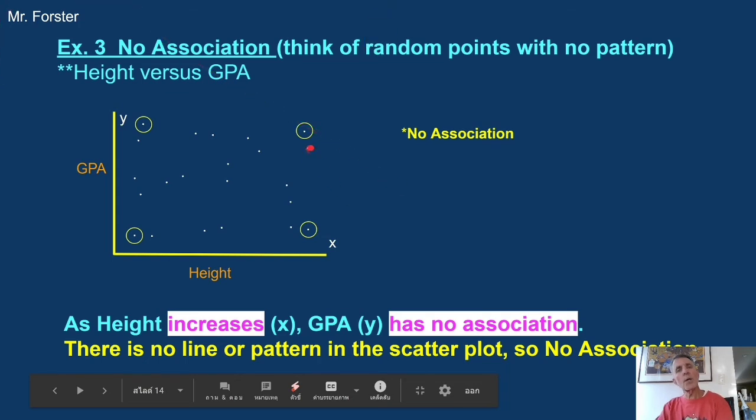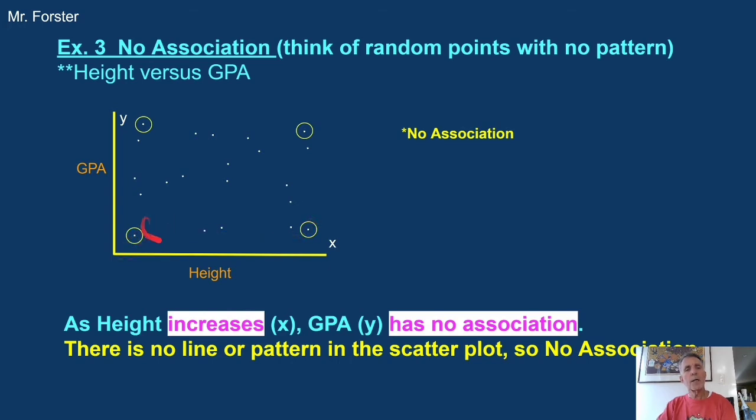Next, no association. Random points with no pattern. Height versus GPA. I always like to say when I'm in class, all those people that are tall, raise your hand if you think you're smarter. And so the tall people will raise their hand, of course. But of course there are tall people that have a low GPA.